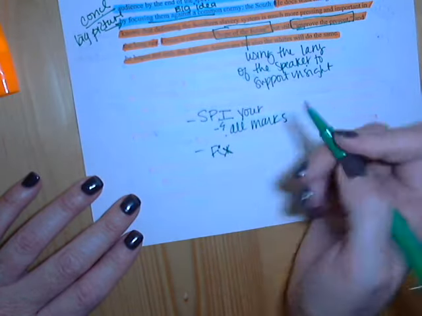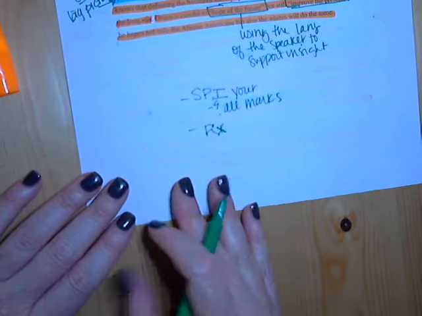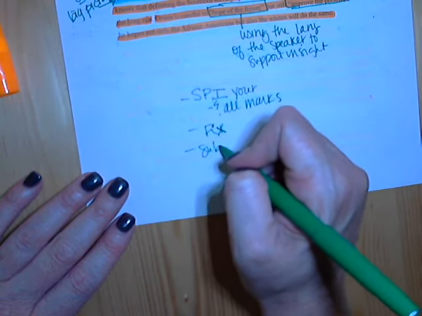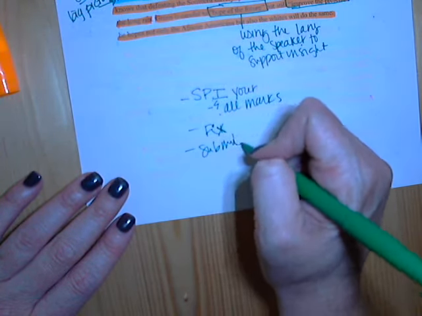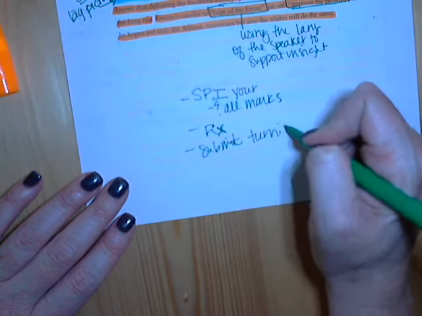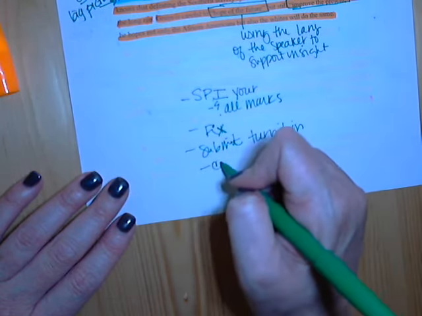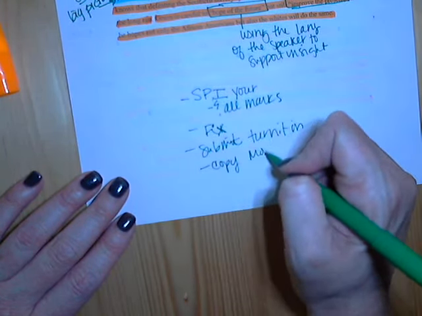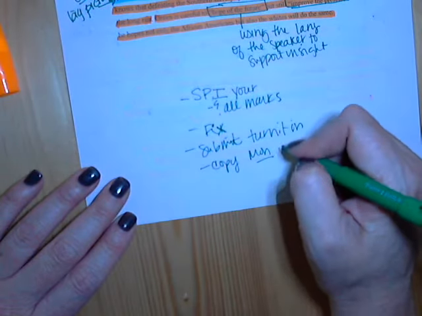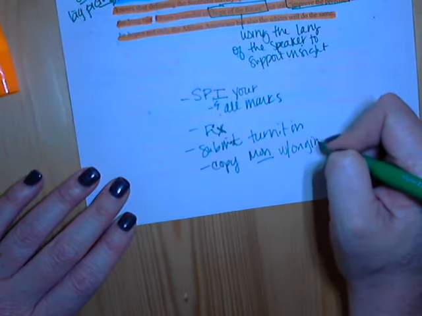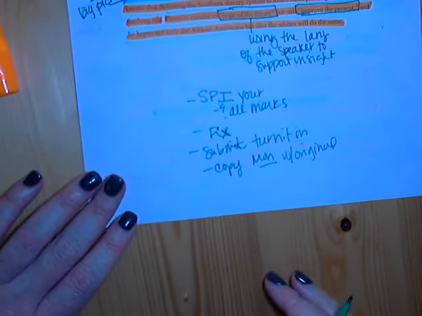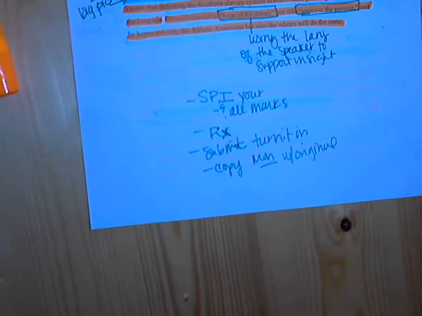And there's probably a lot to fix. And then you need to submit it to turnitin.com. And then you need to bring me a copy with your original. All these instructions are online.